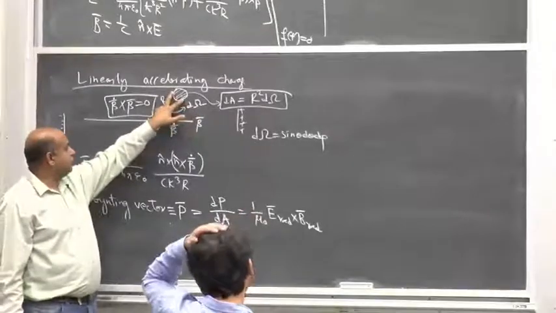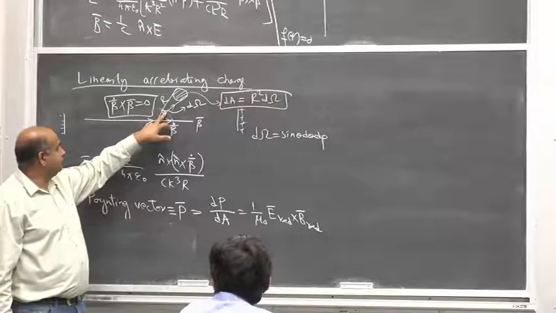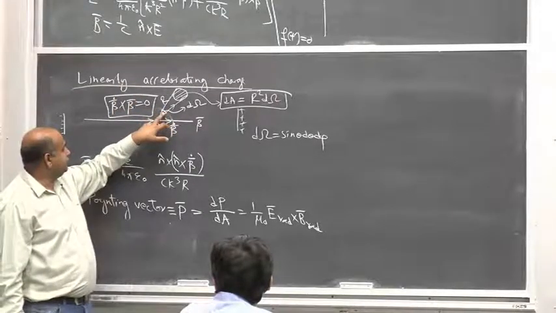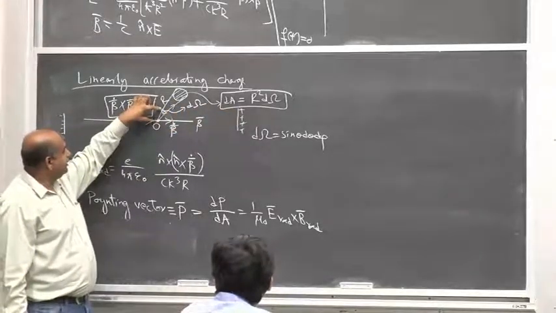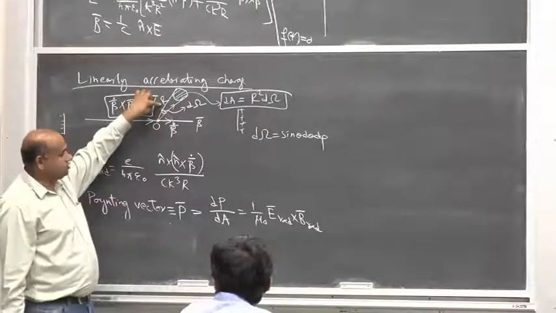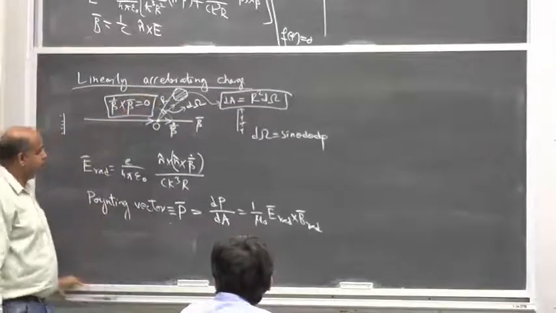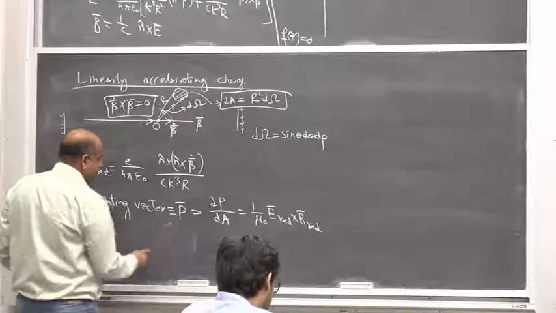So for the corresponding unit sphere, if its solid angle is d omega, then we can relate this area and this area by this formula, because the areas of spheres scale as r square. Okay.